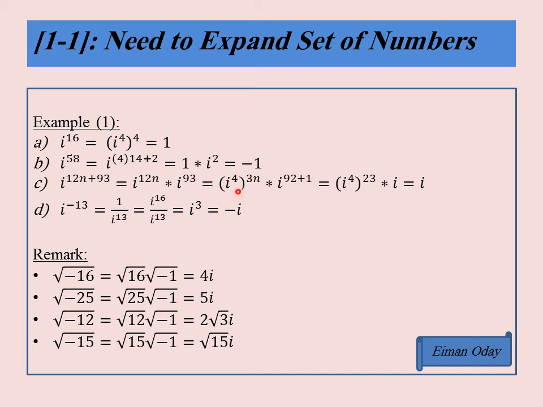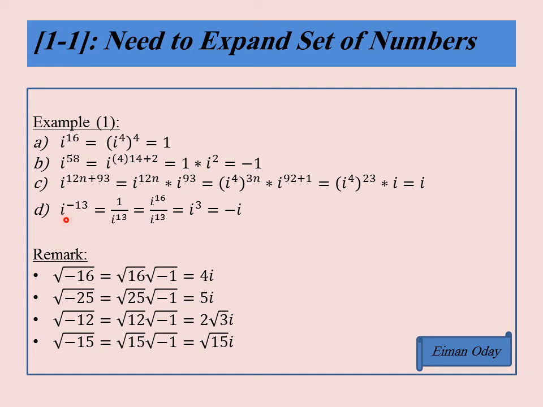This is i to the power 4 raised to any power, and this all equals 1. So I take 92. 92 is 4 times 23, and i to the power 1 will be written here. So this is the remainder. And then the final solution is all going to equal 1 multiplied by i, and the answer is i.